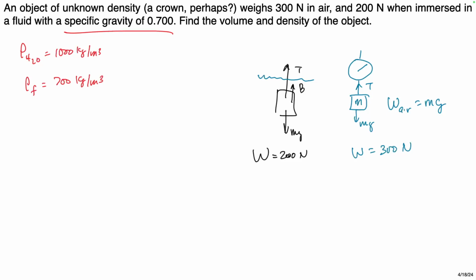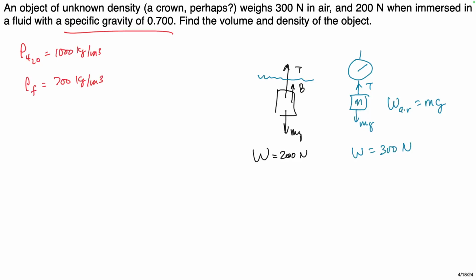Why does it weigh less in the fluid? What's holding it up? Gravity acts down, tension acts up, but what's the additional force we have there when it's submerged? It's that buoyant force, isn't it?